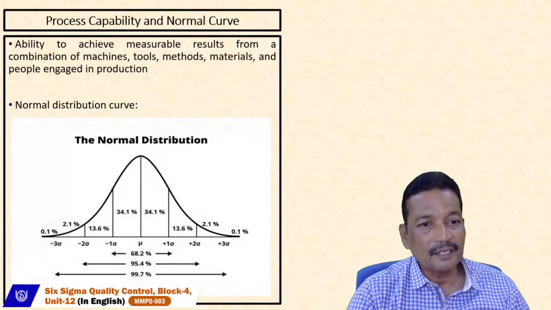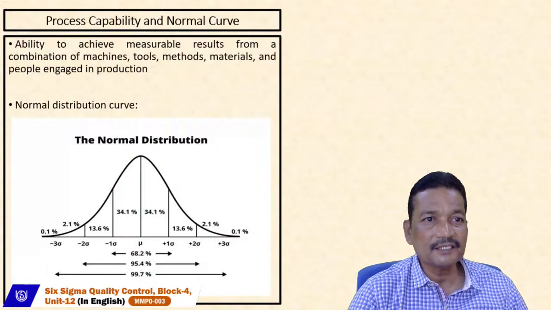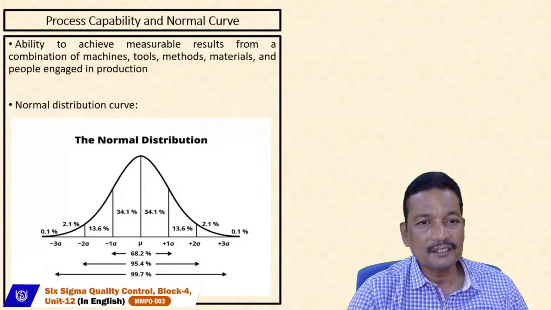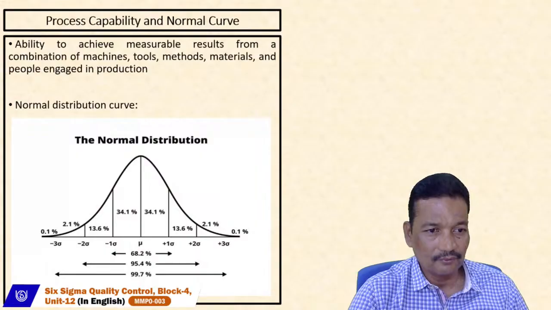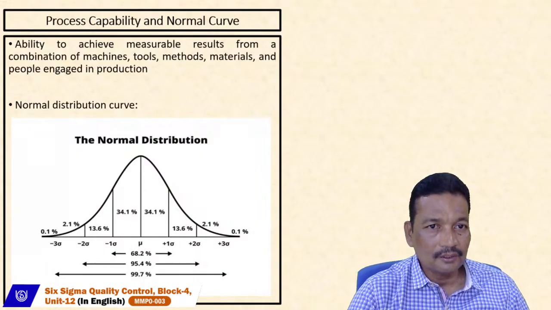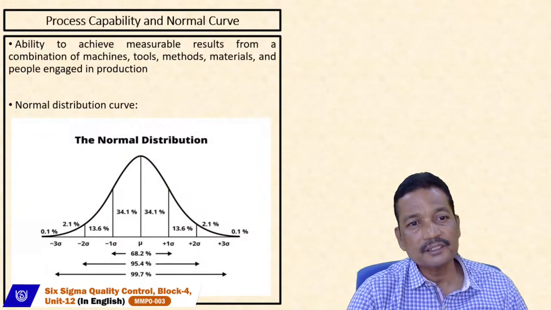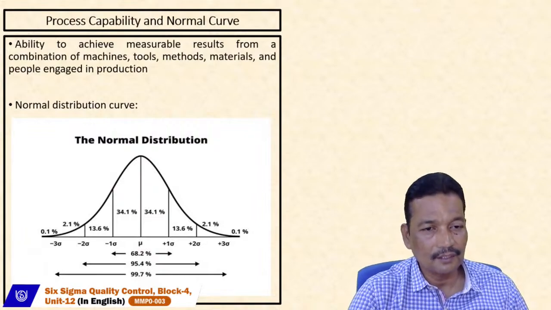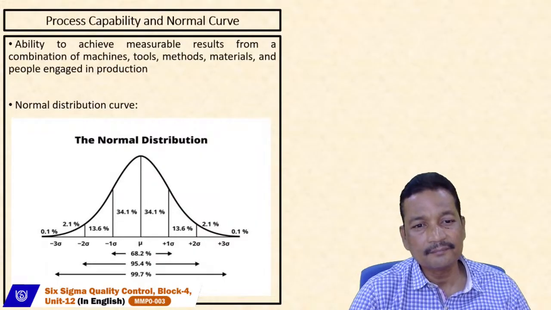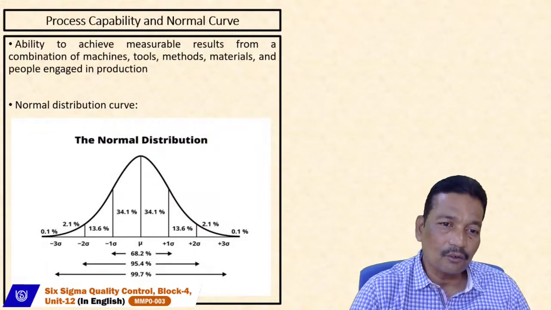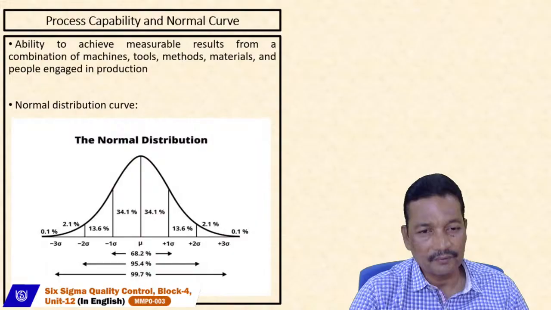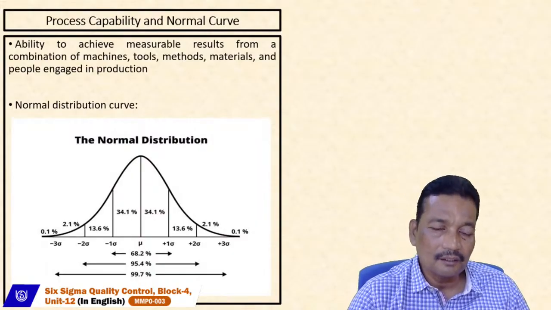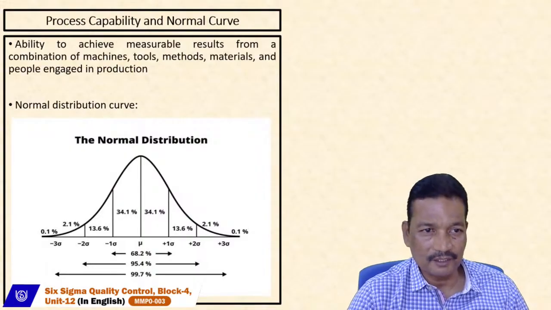Now, this Six Sigma is based on the normal distribution curve. This curve is used in statistics, research work, etc. And it has been seen that this happens in all the phenomena of real life as we go on increasing the information.